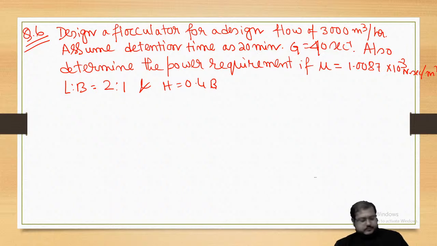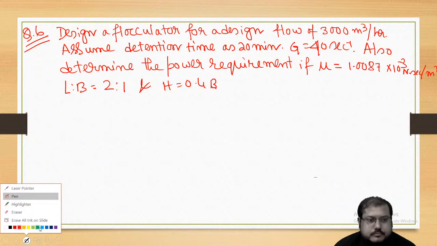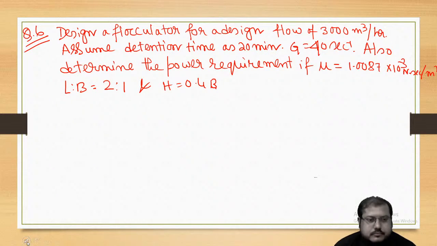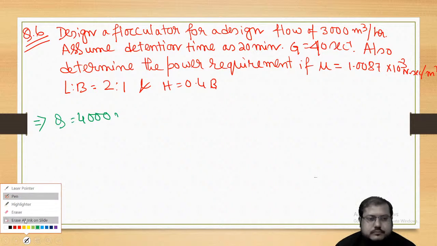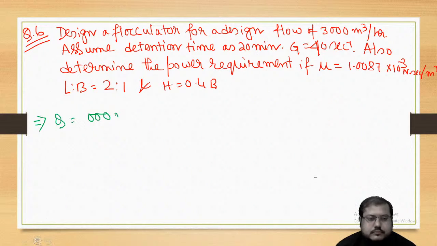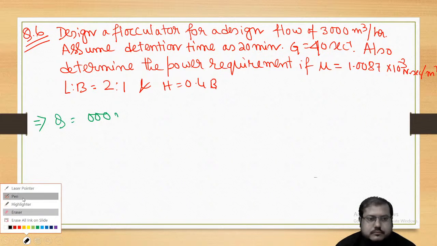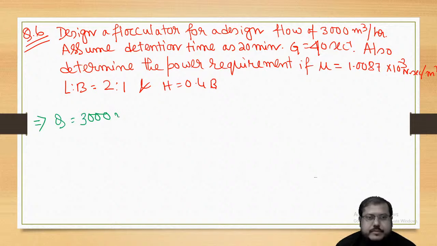Let's solve this question again. So Q is given as 4,000, sorry, 3,000 meter cube per hour.